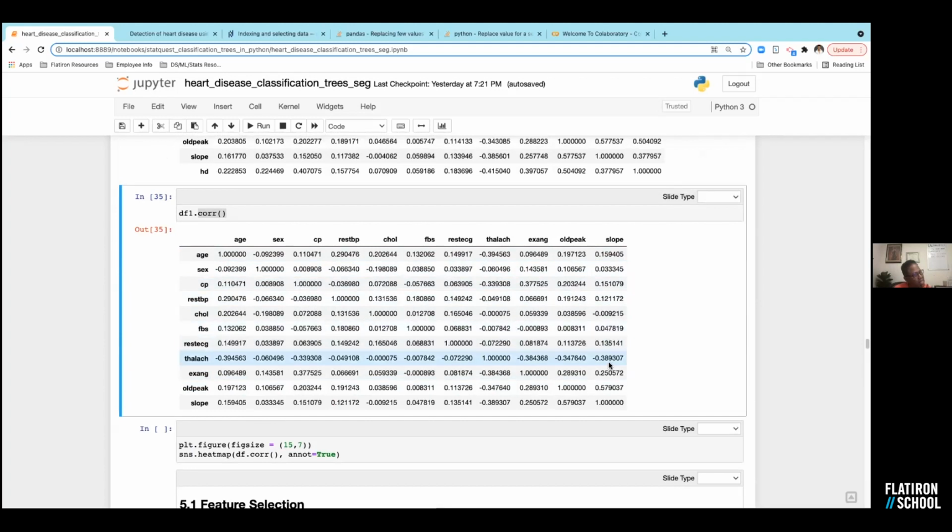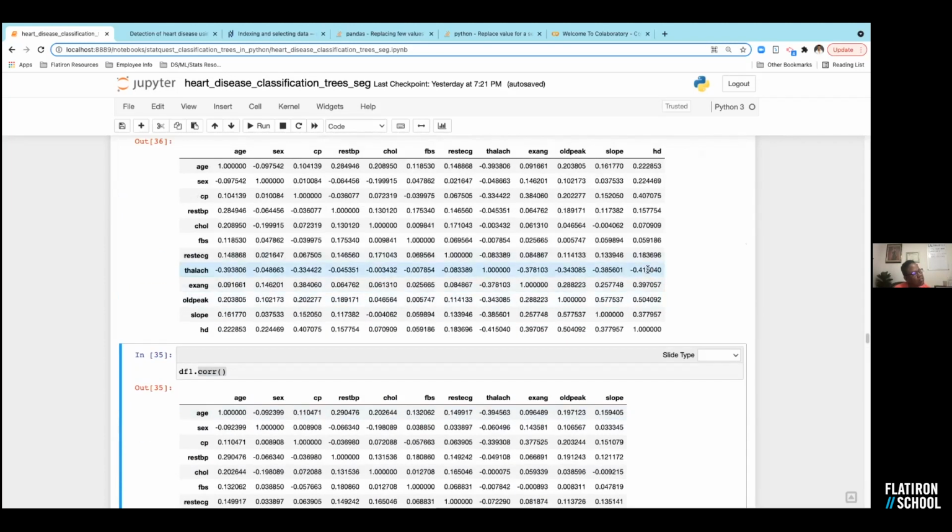And that has a very strong negative correlation with the outcome, meaning as the heart rate measure goes up, the risk or the relative incidence of heart disease goes down. So there's a negative relationship.